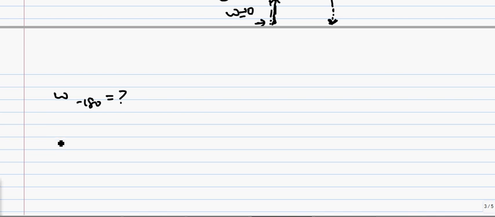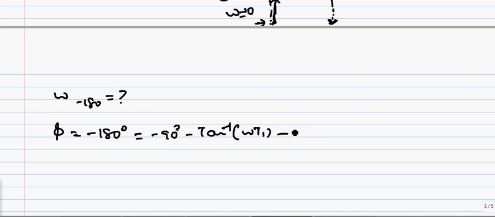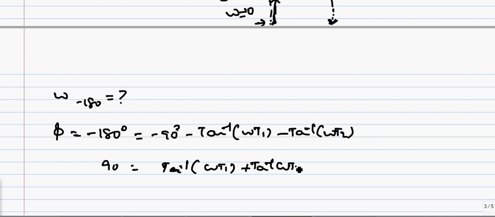Now we take phi, we know the equation, which is equal to minus 180 degrees, which is equal to minus 90 degrees, minus tan inverse of omega t1 minus tan inverse of omega t2. We can cancel minus signs here and subtract 90 from 180. We'll get 90 equals tan inverse of omega t1 plus tan inverse of omega t2.